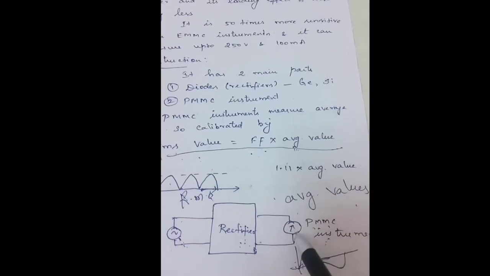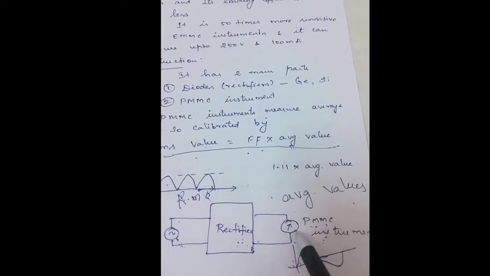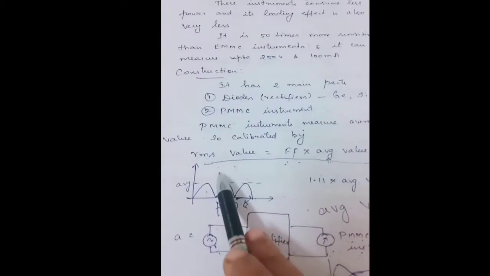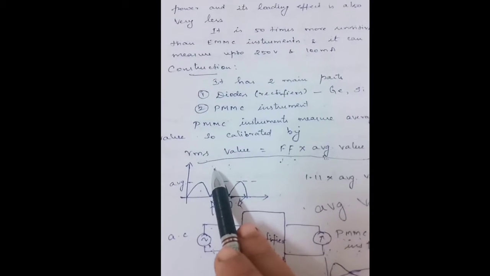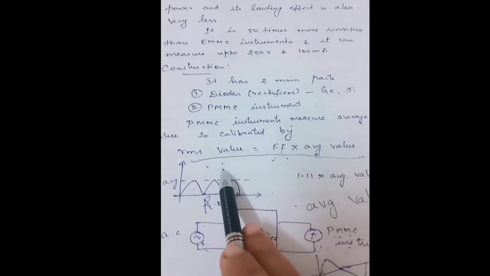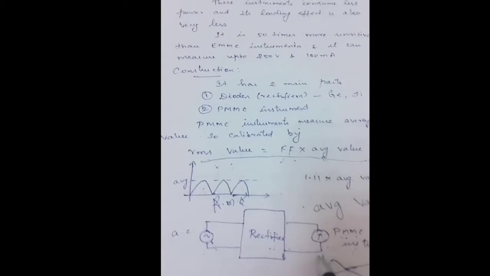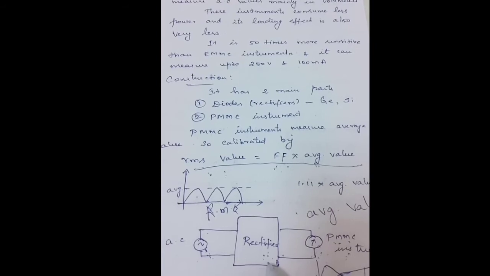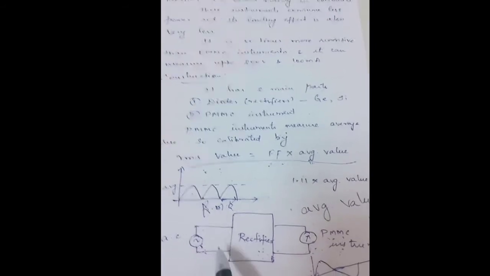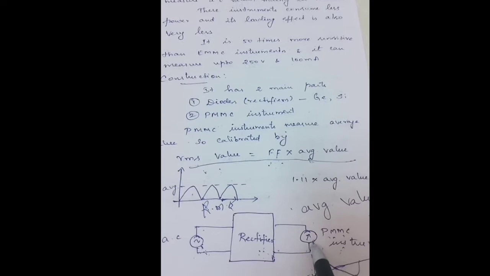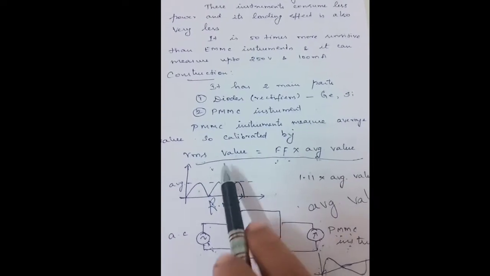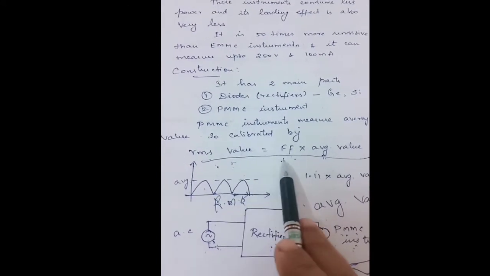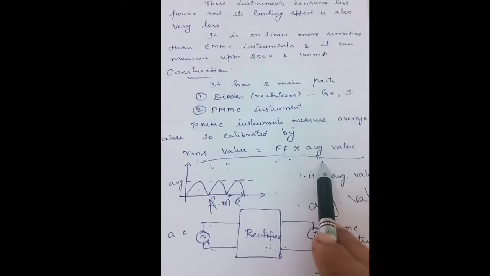For every indication of this PMMC instrument, we need to multiply it with the form factor value so that we can achieve the RMS value of currents and voltages. That is the calibration done here. So before using a PMMC instrument in the rectifier type instrument for measuring AC values, we need to calibrate it, and that calibration can be achieved by this equation: RMS value equals form factor times average value.